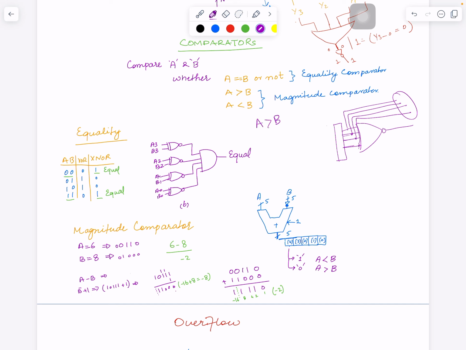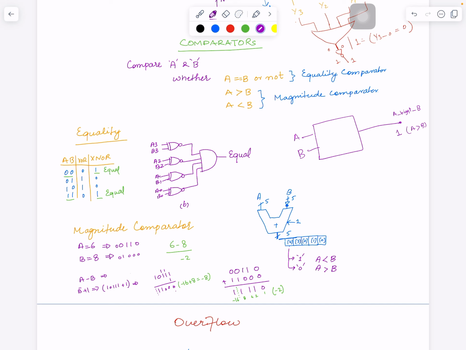What we want to do here is take A, B, and again ask: is A bigger than B? This signal needs to be 1 when A is greater than B, and if it becomes 0, that should indicate A is less than B.